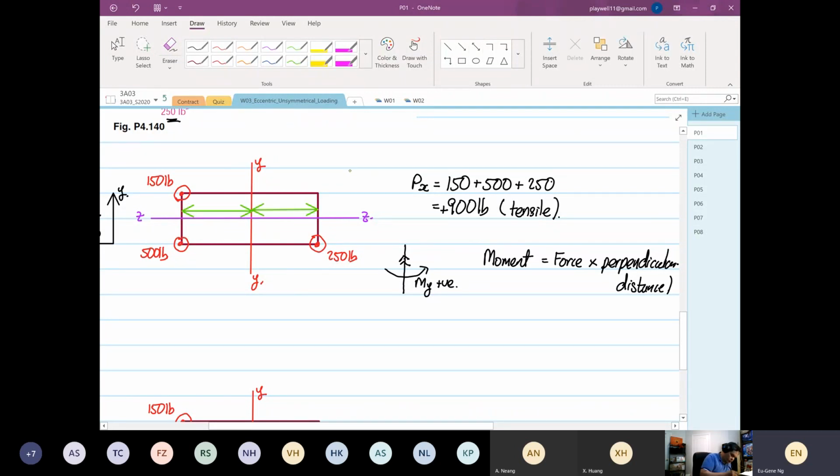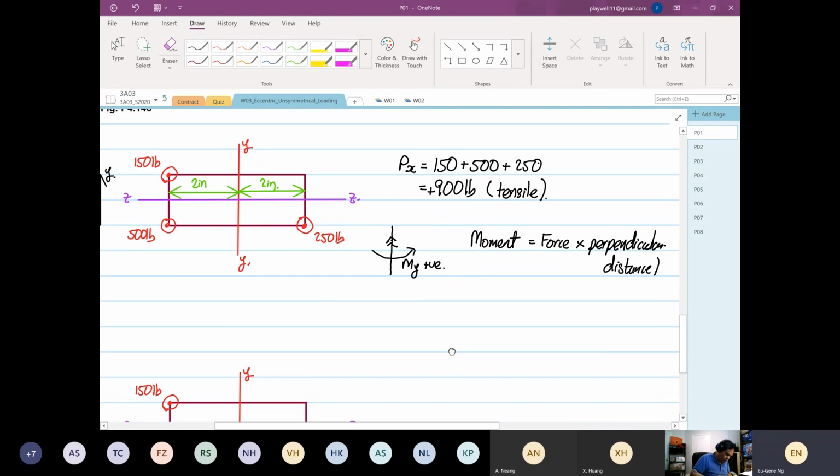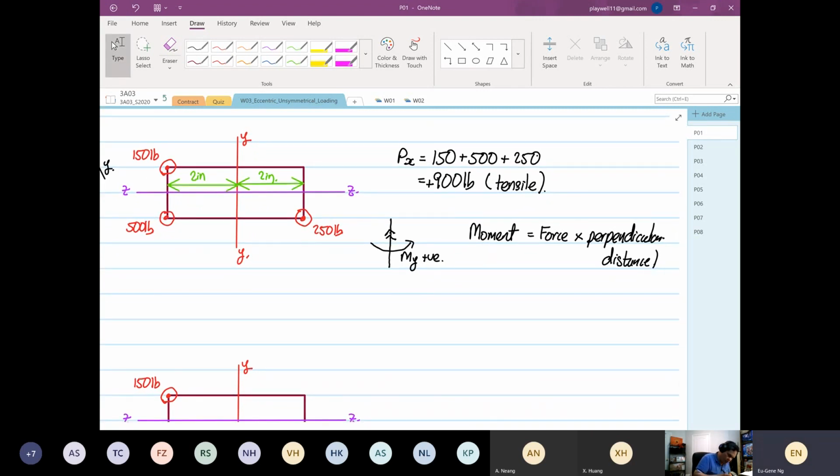Right? So we're going to calculate moment about y based on the assumption that this definition of rotation is positive. So My will be equal to 150 multiplied by 2 inches.